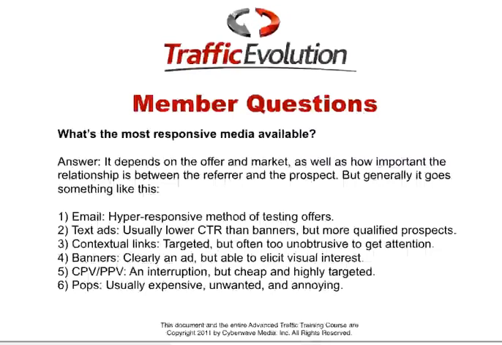And after that, banners. I will always start with PPV or CPV, but it's not the most responsive by a long shot, because if you look at a good opt-in rate, the highest I've ever gotten is for email. The second is text and contextual. The third is banners, and then the fourth is PPV.